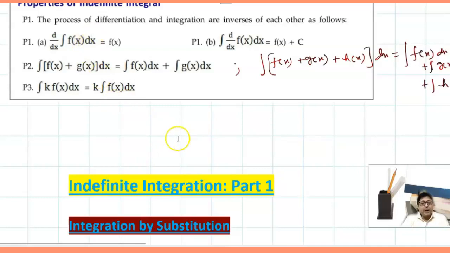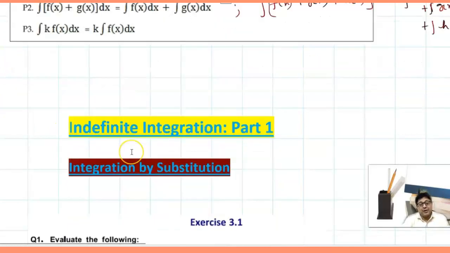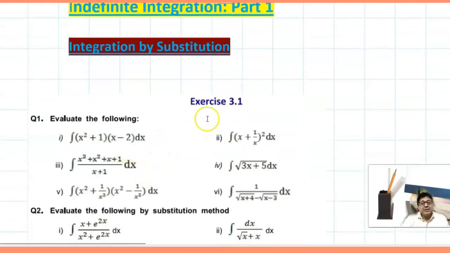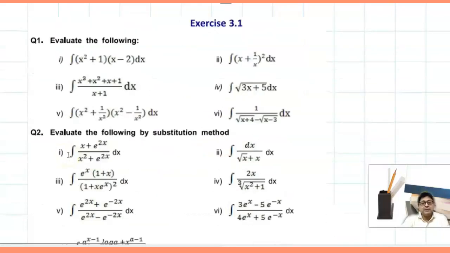So in part 1, I would like to discuss integration by substitution. We will follow the board guideline, whatever they have given in their support material. When you go through exercise 3.1 in the NCERT support material, all these kinds of sums you have already done.